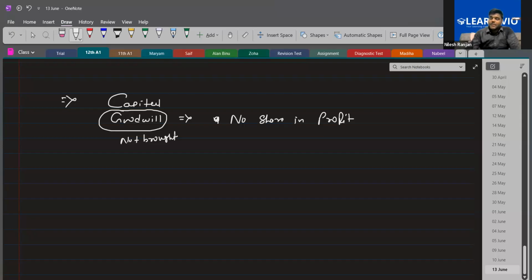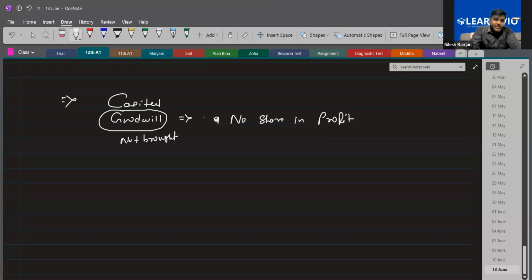Then if he will get the share in profit, what is the adjustment required for this? So yes, we cannot deny the share in profit, because that partner is coming into the business for a share in profit. If you are not giving a share in profit to the new partner, then why would he join your partnership firm? It is your need, that's why you have brought him as a new partner. So you cannot deny him a share of profit.